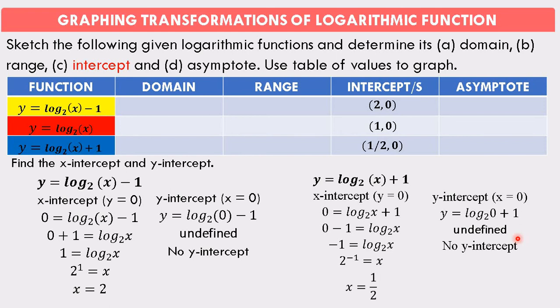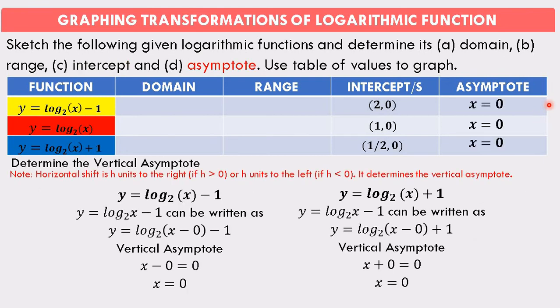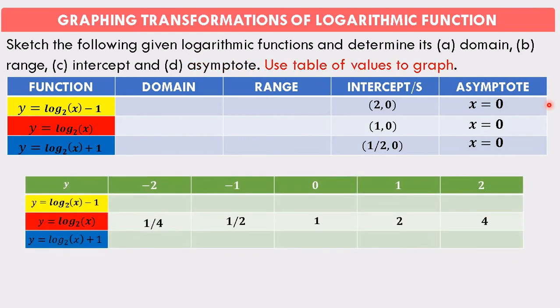So next, the asymptote again. In these three functions, we have no h value, so the asymptotes are all x equals 0. Next, construct the table of values. Again, we assume x values: -2, -1, 0, 1, and 2. To obtain the corresponding y value, you substitute these assumed x values into the function.